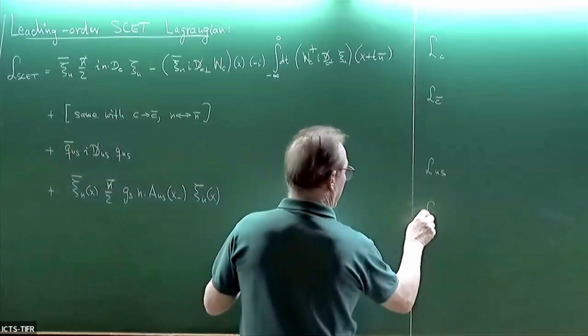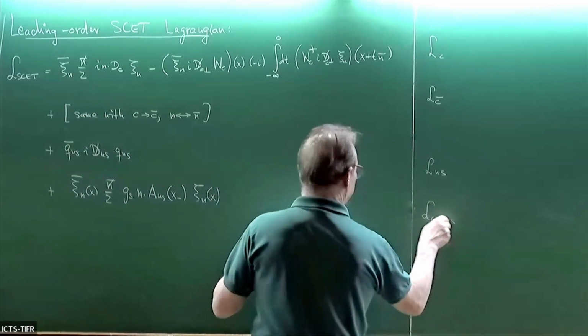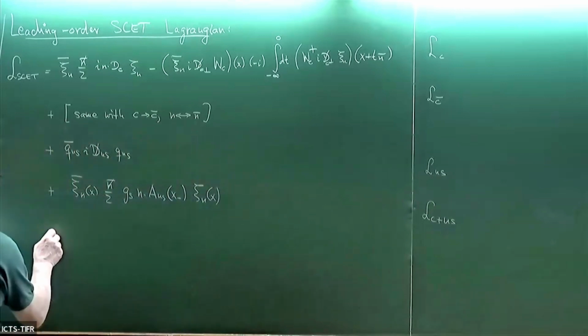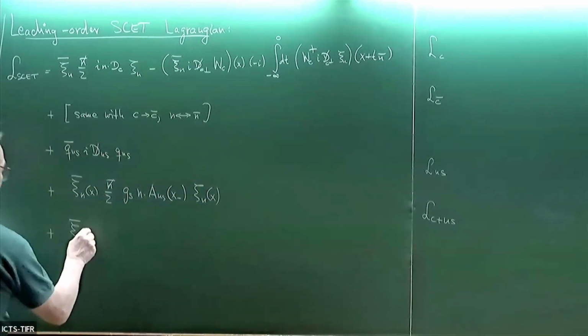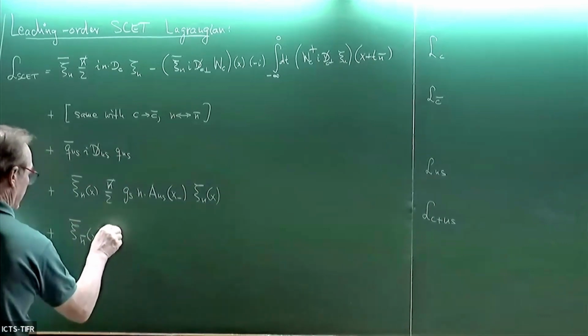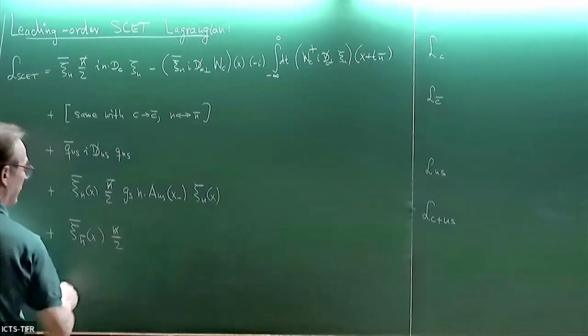That's L collinear plus ultrasoft. And then we also have the anticollinear sector with everywhere n and n bar interchanged.